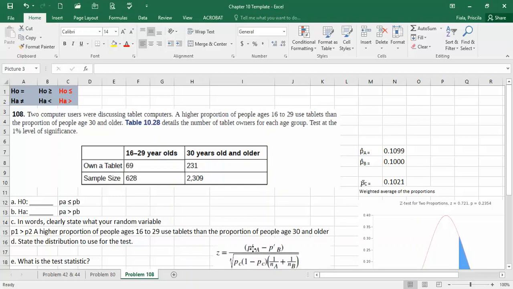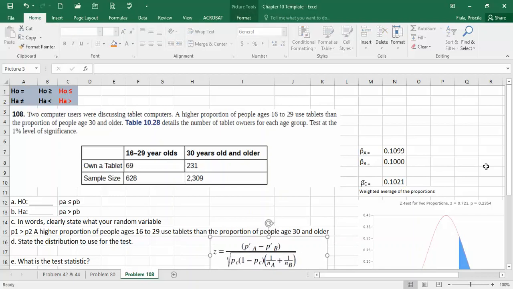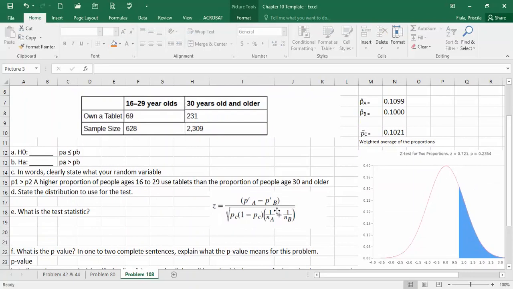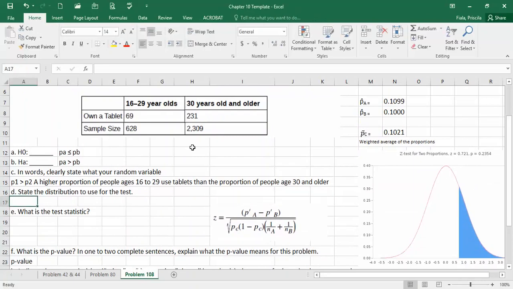I'm going to put it down here because we're going to be using it very soon. Let me lower it a little bit. What is the distribution?